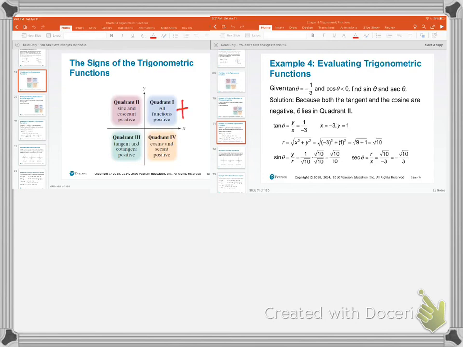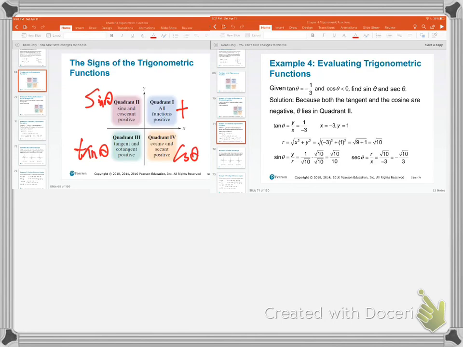In quadrant 2, sine is positive. We only look at sine, cosine, and tangent; the other 3 are the reciprocals of these 3. The next one, in the third quadrant, tangent is positive, and the last one, cosine is positive.